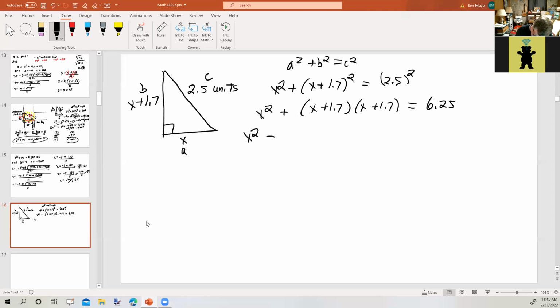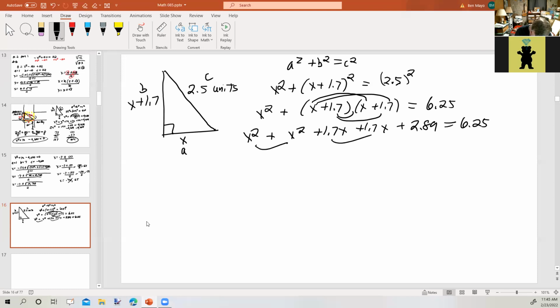FOILing: X squared plus X squared plus 1.7x plus 1.7x plus 1.7 times 1.7, which I think is 2.89. Let me double check that. 1.7 squared, yes, 2.89, equals 6.25.